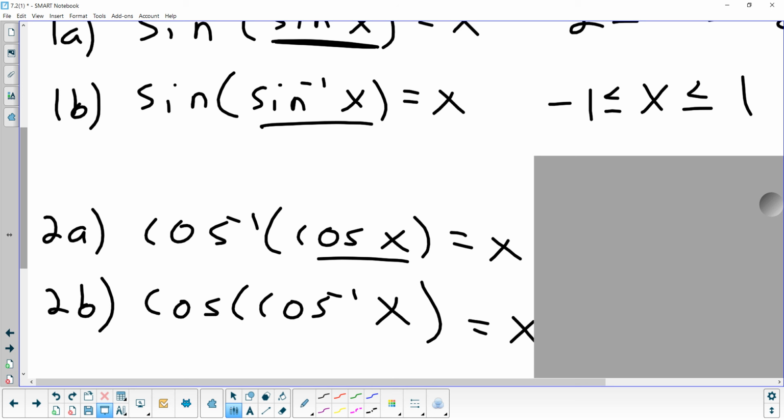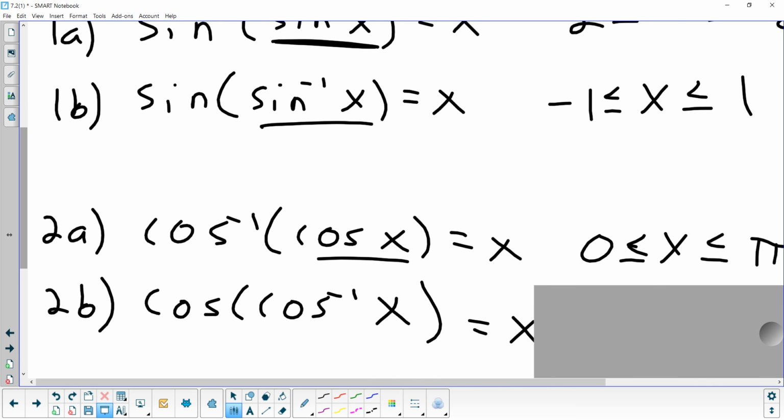Ask yourself what the domain of cosine is. 0 to pi. Why that domain? Because we found that if we focused on that window, it passed the horizontal line test. To be very clear, that is not the only window you could use, but it is the window that's most commonly used.